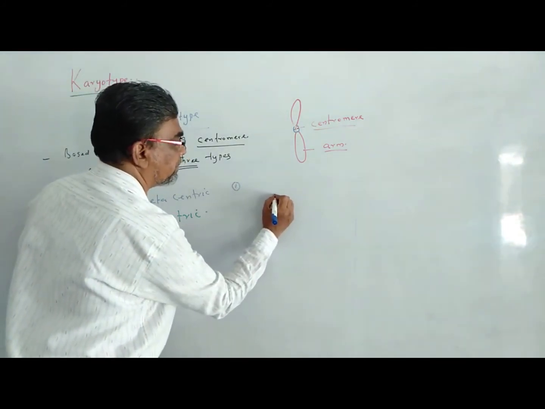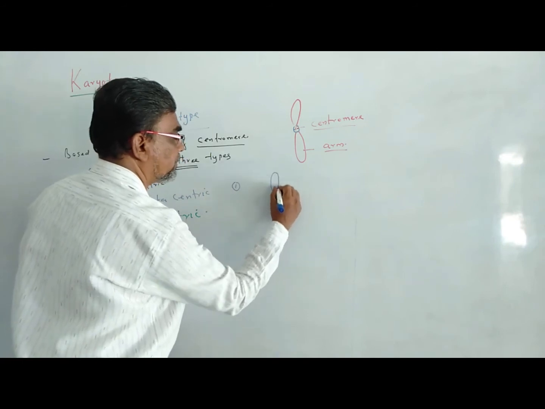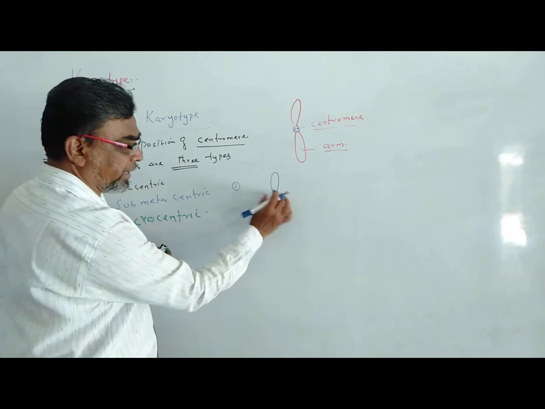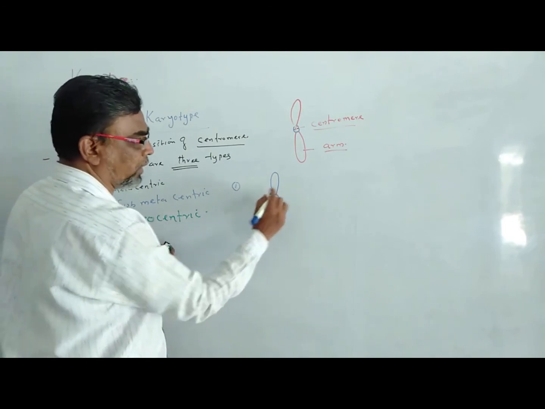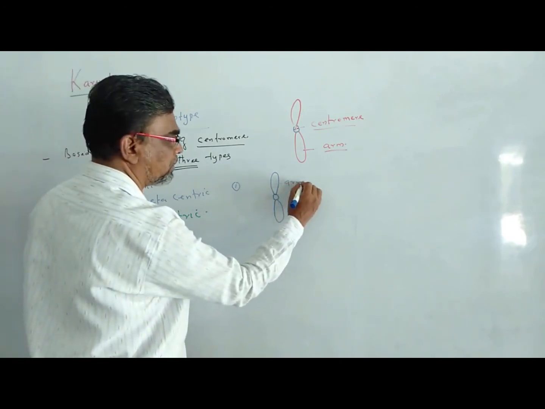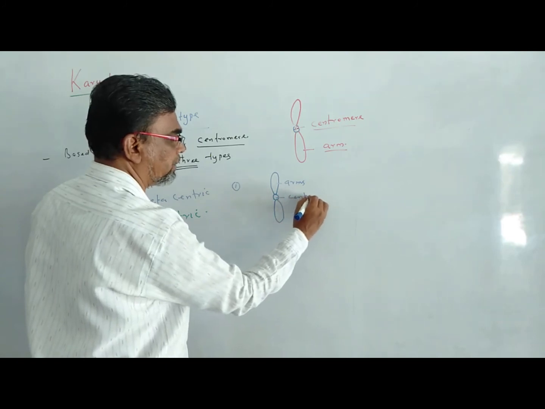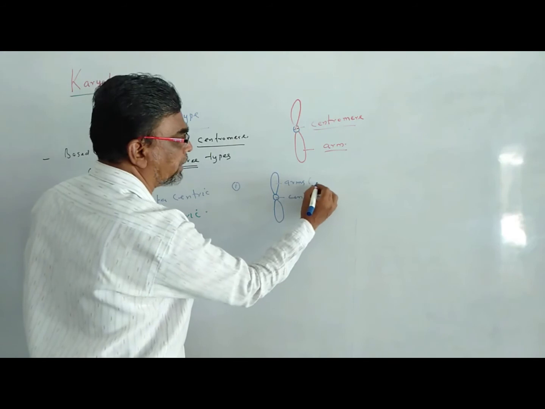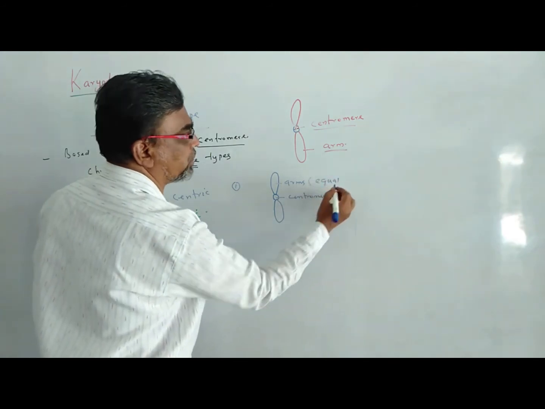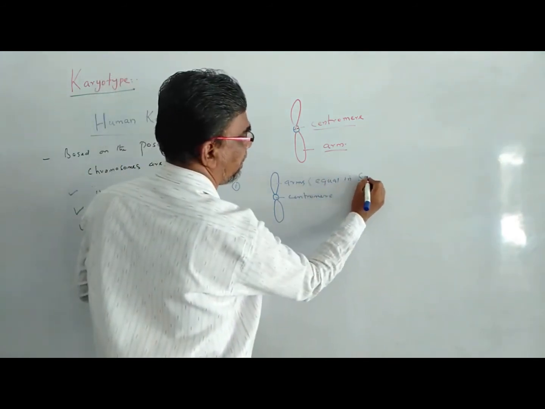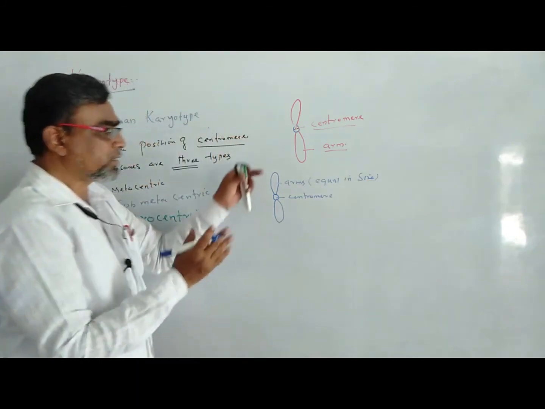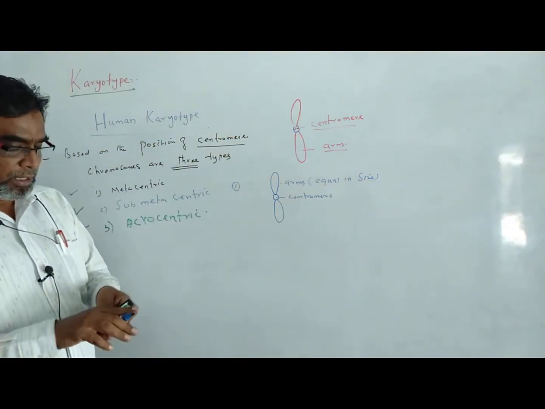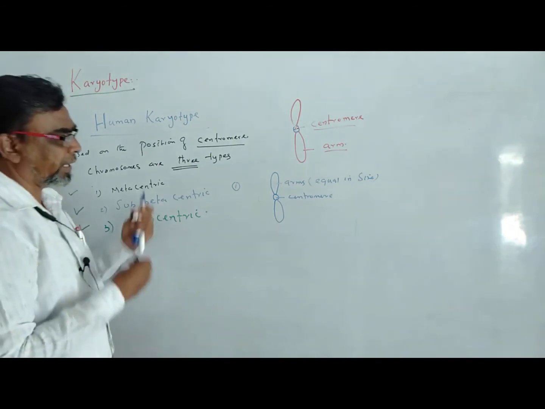Two arms are there, and the centromere is in the center, so the two arms are equal in size. Now it is called metacentric.